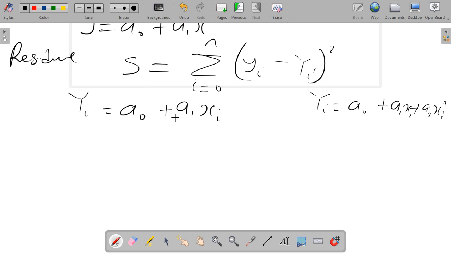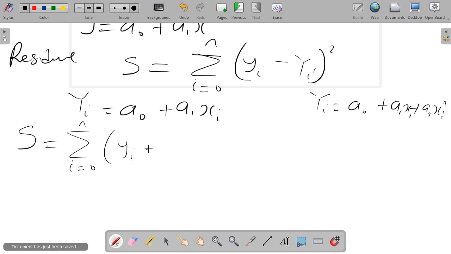So we are going to carry everything here and put inside this place. Then we'll get our a naught and a1. We are done. So therefore we have that our residue s will now be equal to the summation of i starting from 0 to n of yi minus capital letter yi, giving us a naught plus a1 xi.